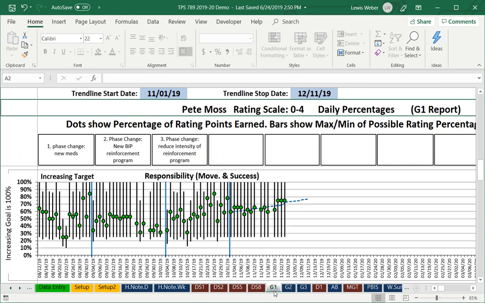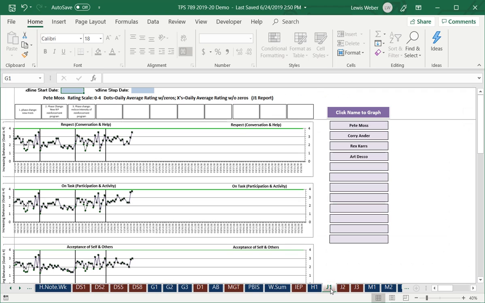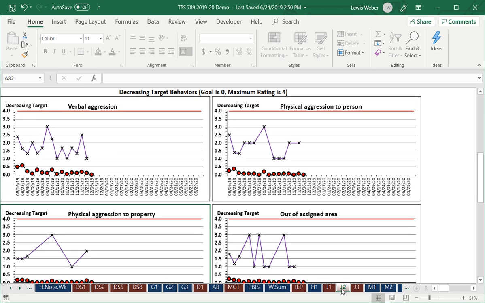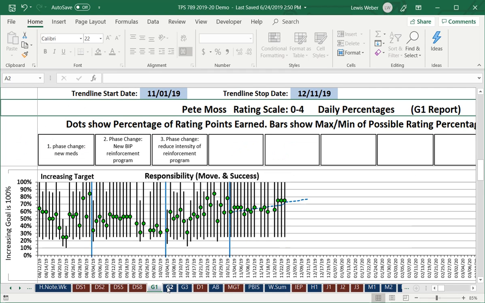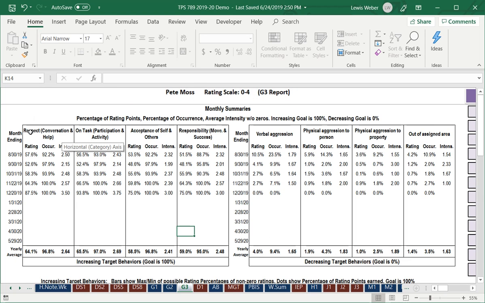When I want to look at daily and weekly performance, frankly, I tend to go to the J series because it's a little easier to understand the relationships that are shown there. But for completeness, we do have the G1 and the G2. And of course, as I've said a couple times, the G3 is a go-to table because it separates out these different values.